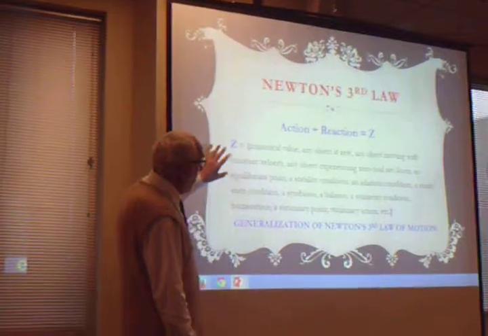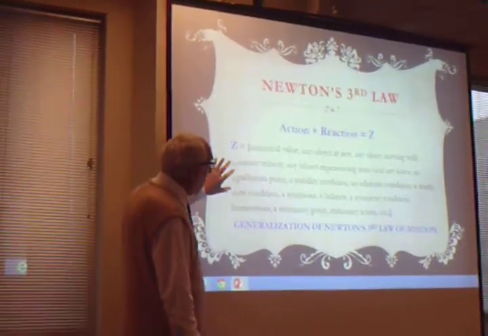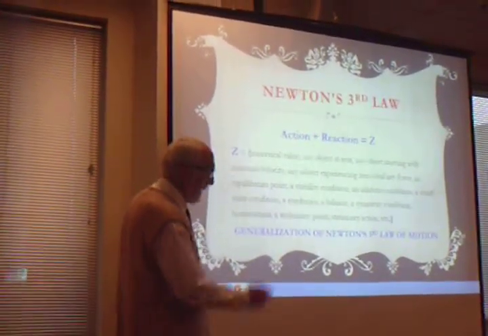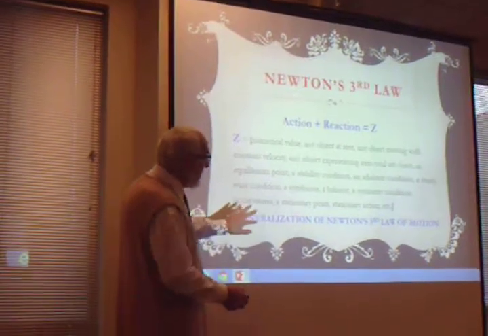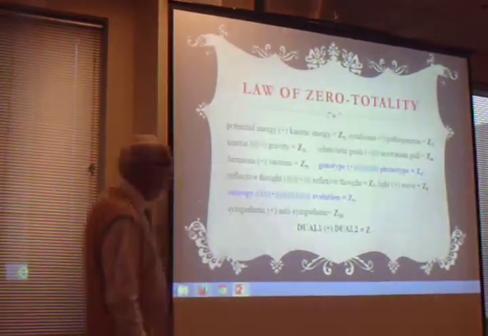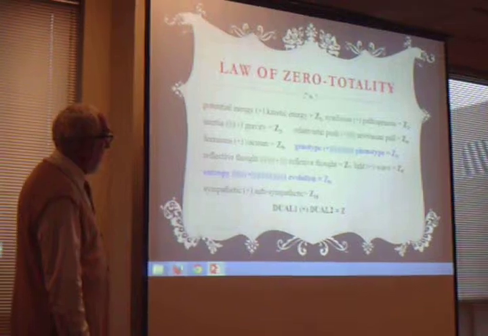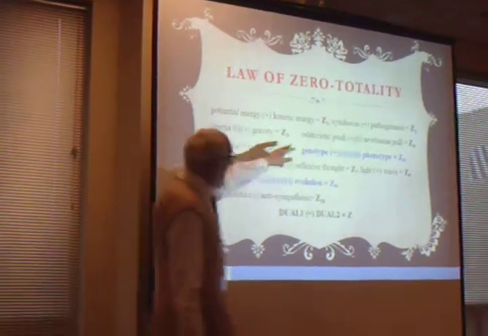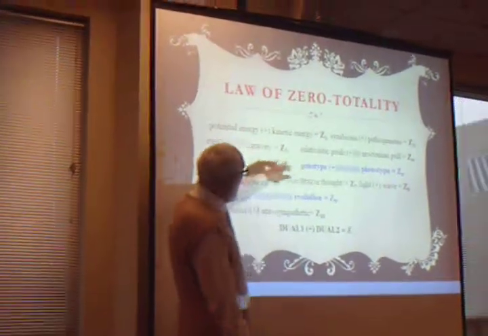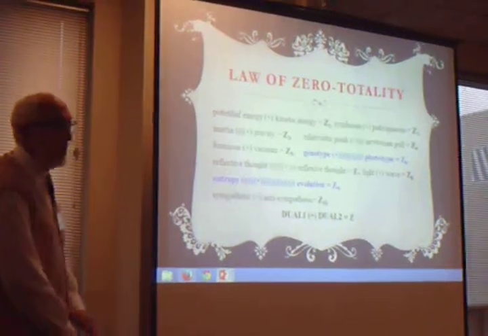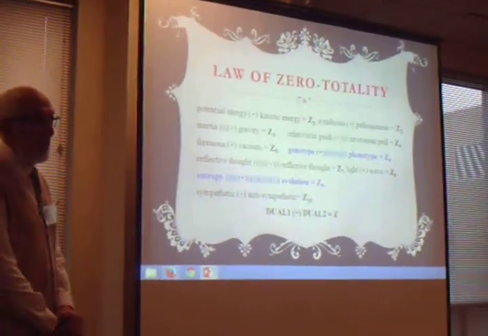All of those are categories of zero totality for me. That's how I use it in the generalization of Newton's third law. Each of these, Z1, Z2, Z3, up to Z10, now represents a zero condition.